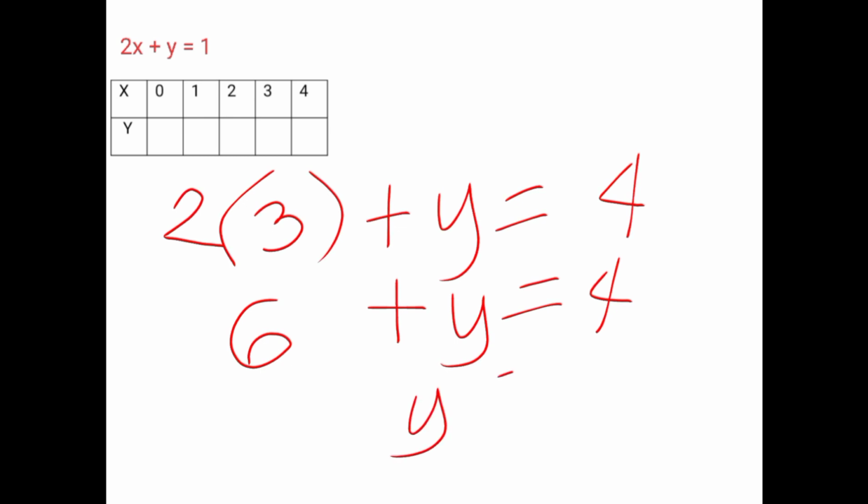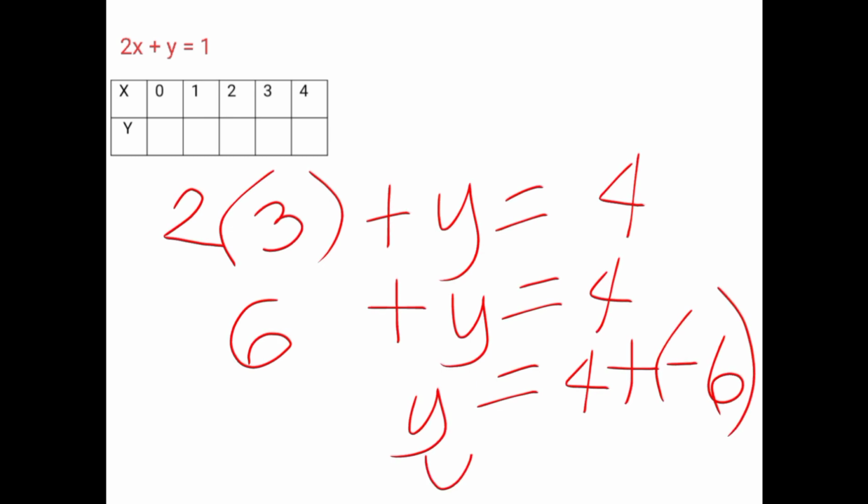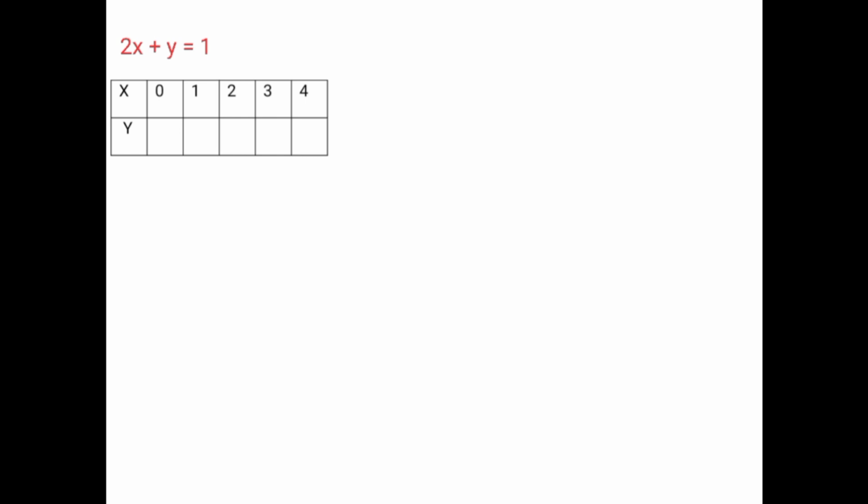So y equals 1 plus negative 6, or just simply 1 minus 6. It will give you negative 5. And the last is positive 4. You can fill out the blanks in the table on the y row.